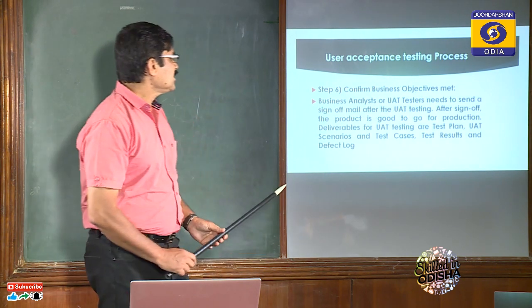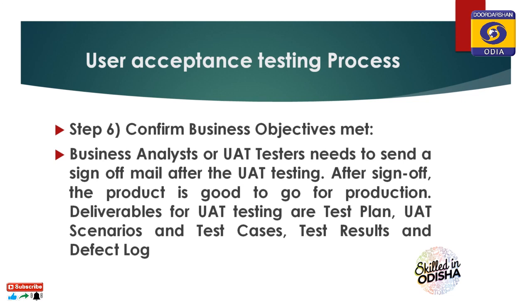Step 6 is confirm business objectives met. Business analysts or UAT testers need to send a sign-off mail after the UAT testing. After sign-off, the product is good to go for production. Deliverables for UAT testing are test plan, UAT scenarios and test cases, test results and defect logs.